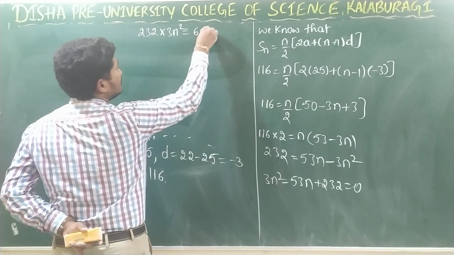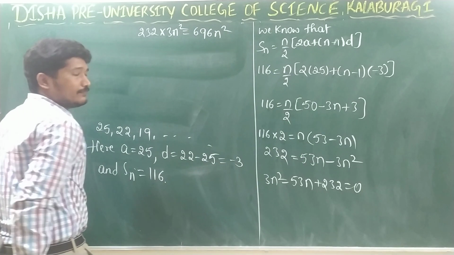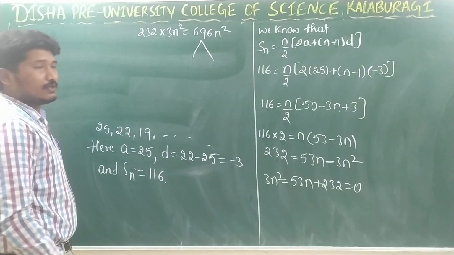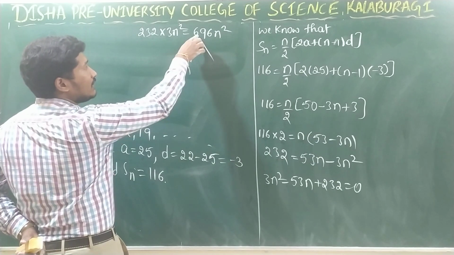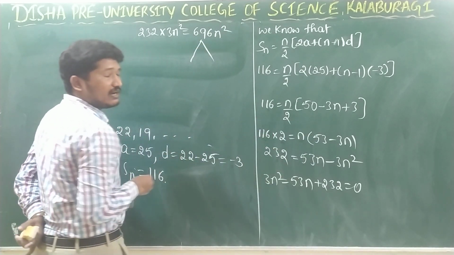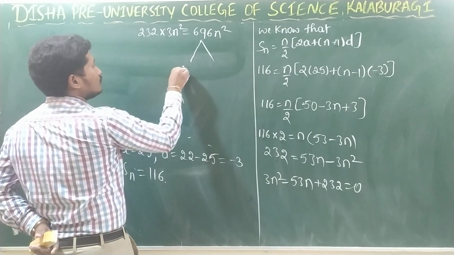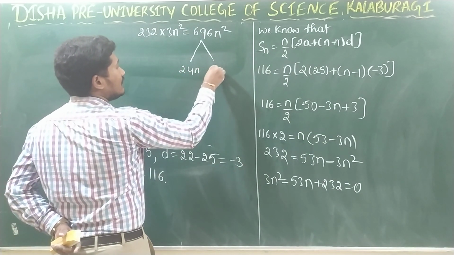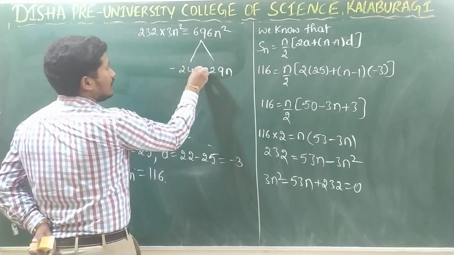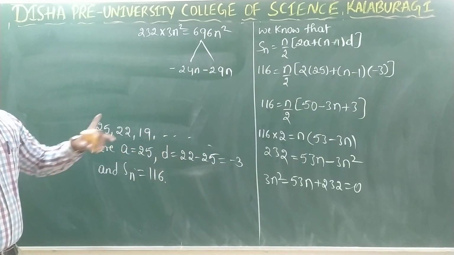So it will be 696 N square. So you have to take two terms such that when you multiply you get 696 N square and when you add or subtract you get minus 53N. So let us take 24N and 29N. When you multiply you will get this term and when you add this you will get minus 53N.